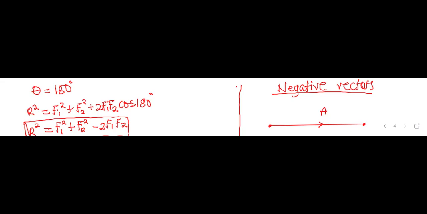So negative velocities have the same magnitude as the positive velocity, but their direction is always reversed. We reverse the direction of its positive velocity. Ella, are you okay? Yes.